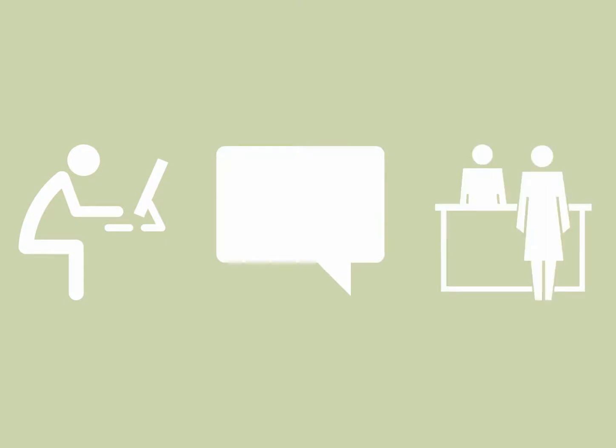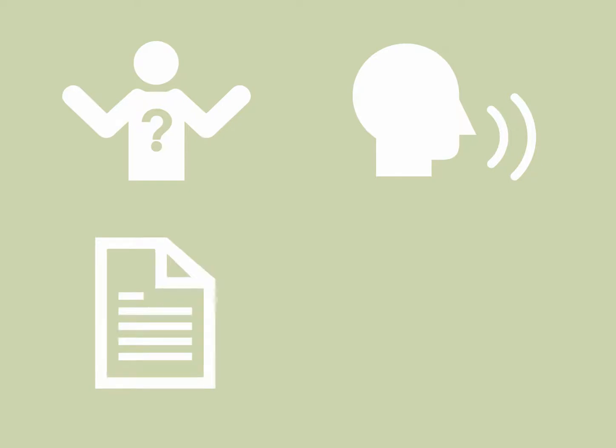Observations allow you to directly witness people's behavior, words, and interactions. And this is useful because people often don't know or can't articulate some of the information that we need in an evaluation. As a result, they can't tell us that information through a survey or an interview.